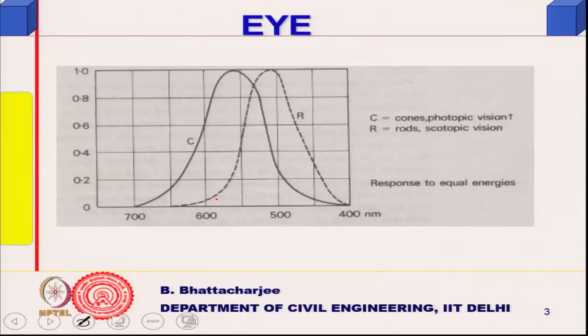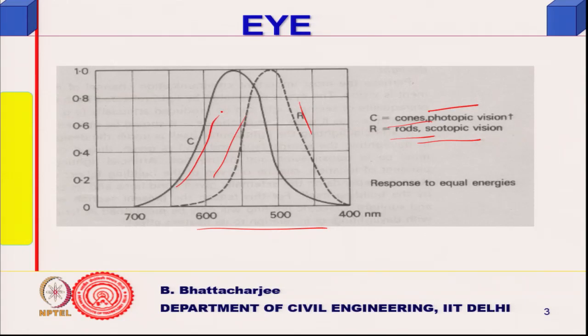So you have two types of nerves actually. We will not go much into this, but two types of nerves, one called cones, the other called rods, and you have what is called photopic vision and scotopic vision associated with them. For the rods, the sensitivity with wavelength is something like this, for equal energy for example, and for cones this is the sensitivity.